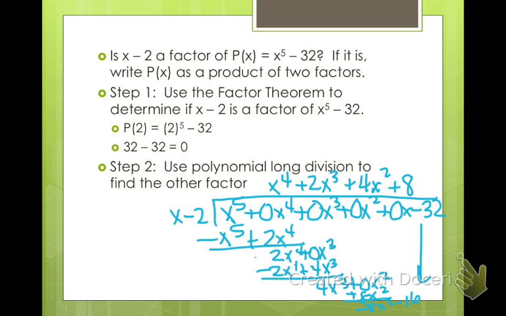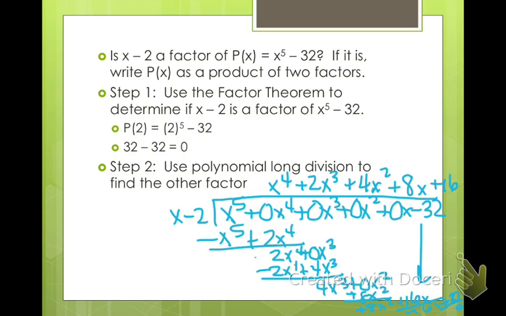Okay, negative 8x, there we go, 16x, so positive 16x, so I need a plus 16, so that makes it 16, and then I subtract that, and a negative 32, but I add it, positive 32, remainder is 0.